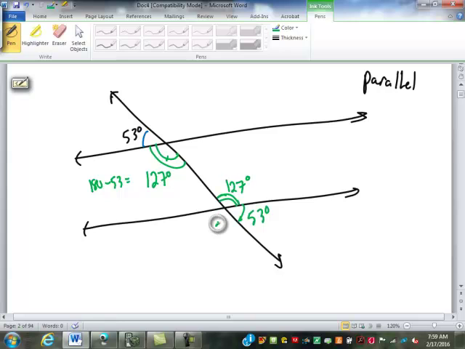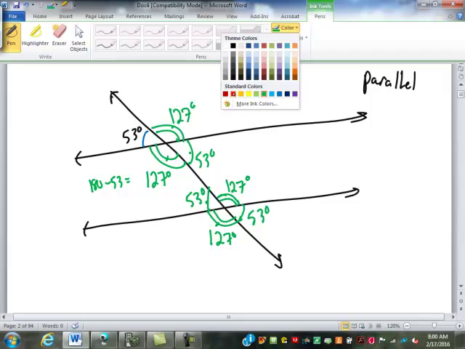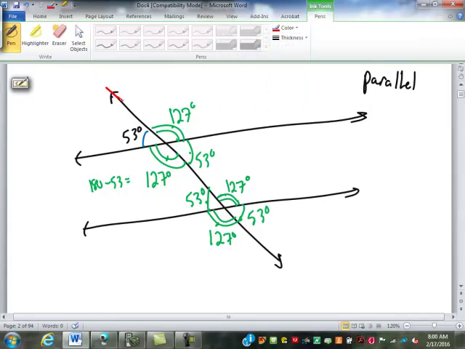What's this angle? How about this one? This one? 53. This one? 53. Whenever we have parallel lines cut by another line, like this, there are only two unique angles formed.